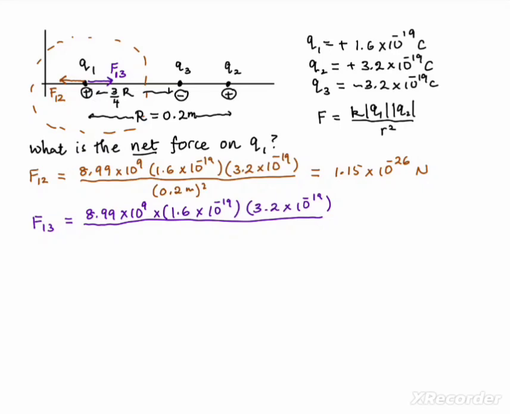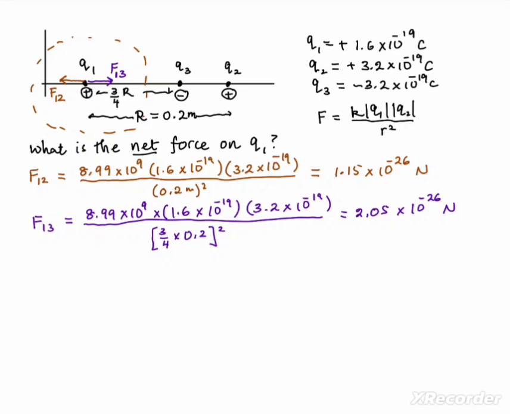This is the distance between Q1 and Q3, which is 3/4 of r. So it is 3/4 of the r value, and then the entire thing squared, and that gives us 2.05 times 10 to the negative 26 newtons.